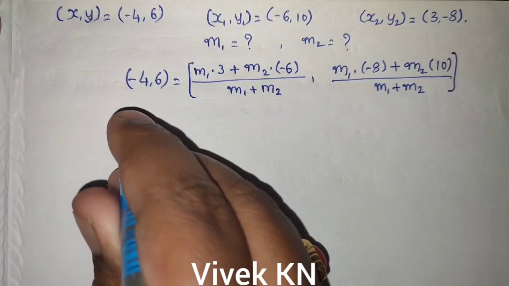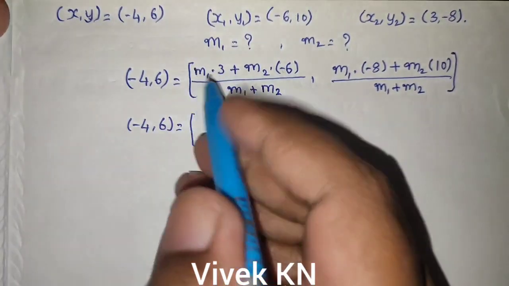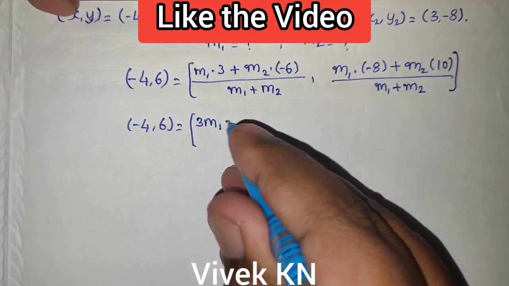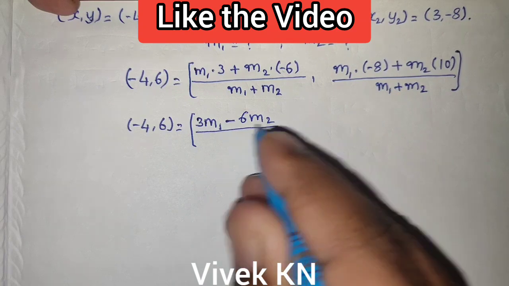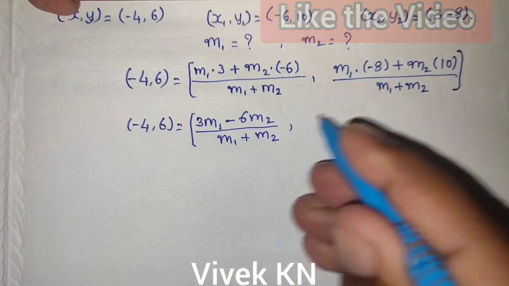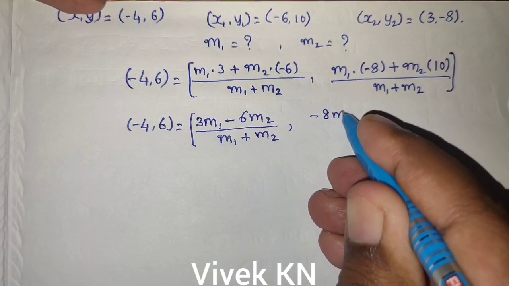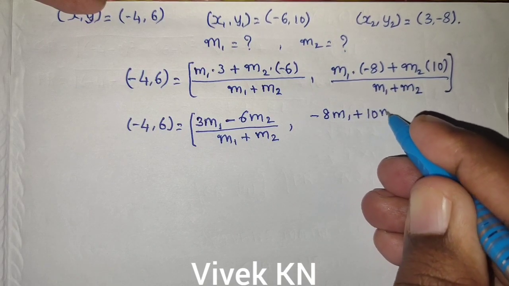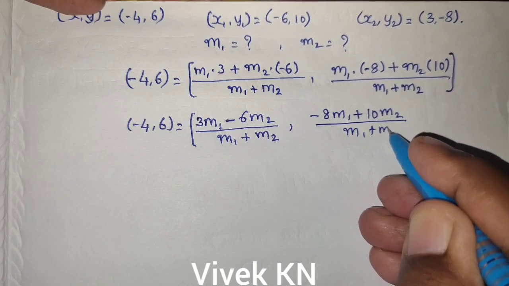That is, -4, 6 is equal to 3 into m1 is 3m1, plus into minus, -6 into m2 is -6m2, divided by m1 plus m2, and m1 into -8 is -8m1, plus 10 into m2 is 10m2, divided by m1 plus m2.